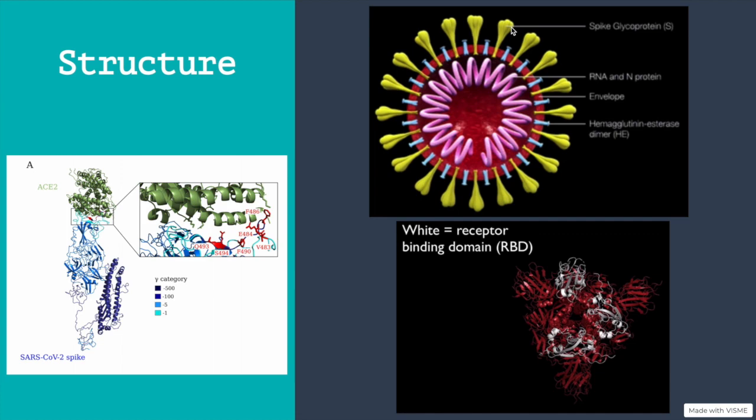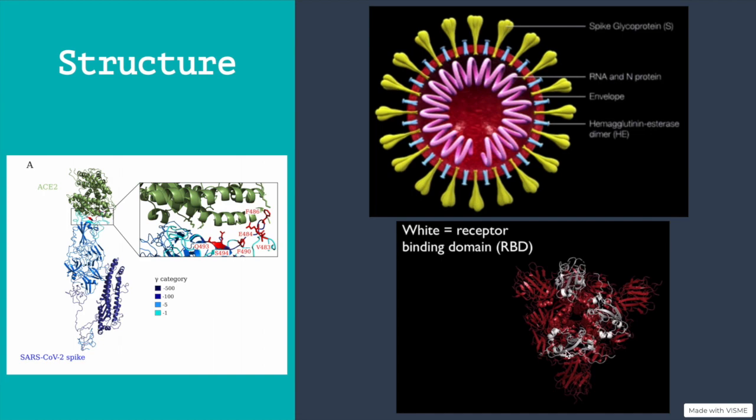So what is especially important in this image is the spike glycoprotein. And this is because the spike glycoprotein is the protein that allows the virus to bind to the host cell to infect it. And within the spike glycoprotein, there is the receptor binding domain.